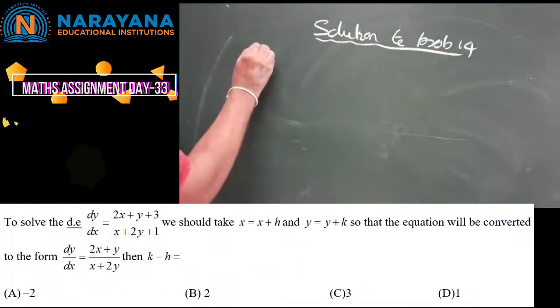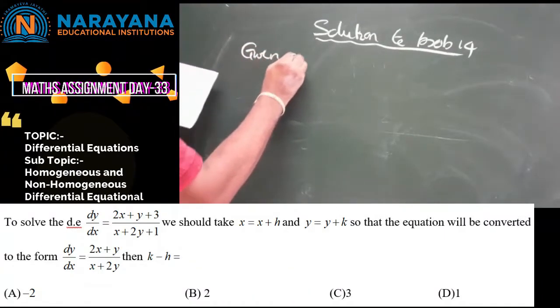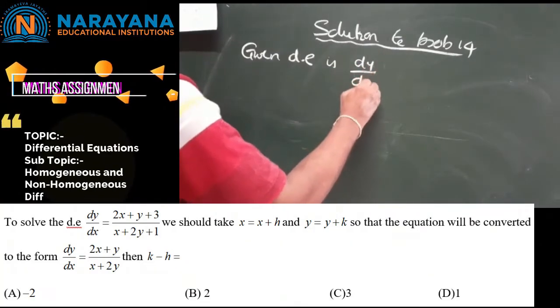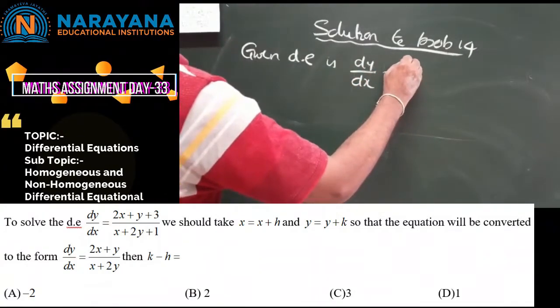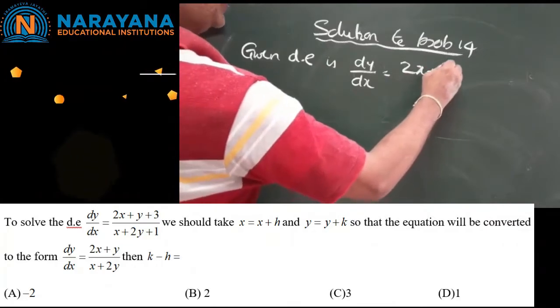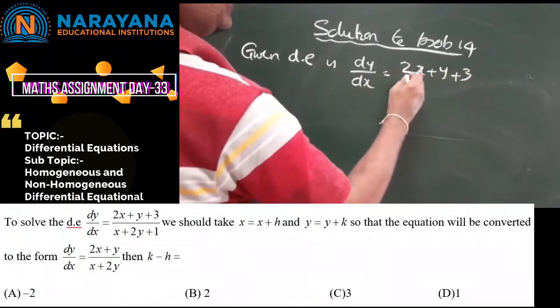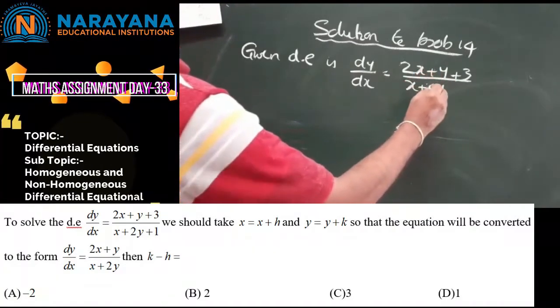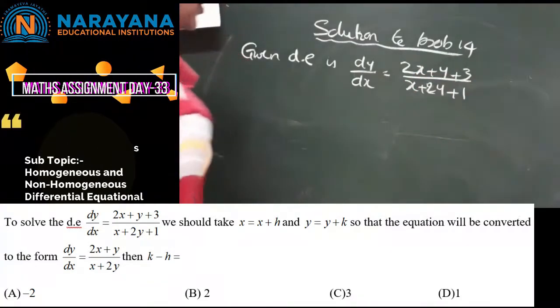Given differential equation dy by dx equal to (2x plus y plus 3) divided by (x plus 2y plus 1).